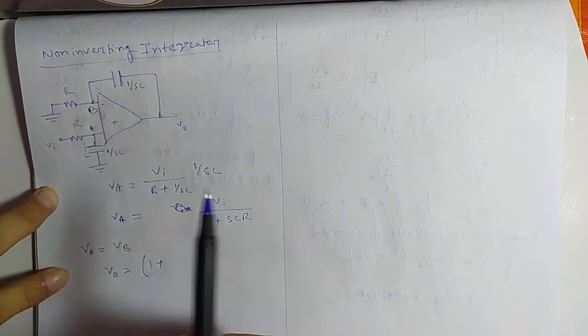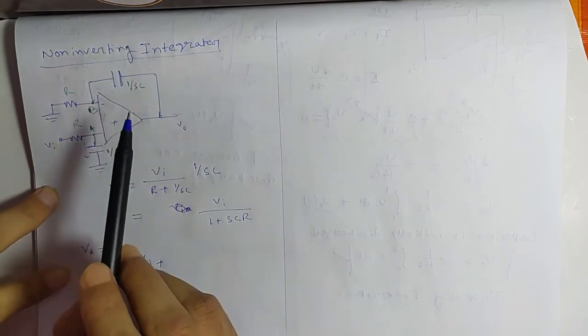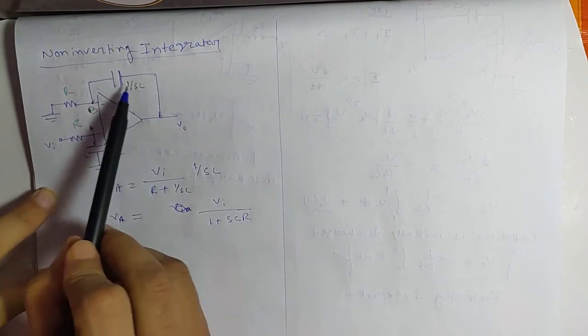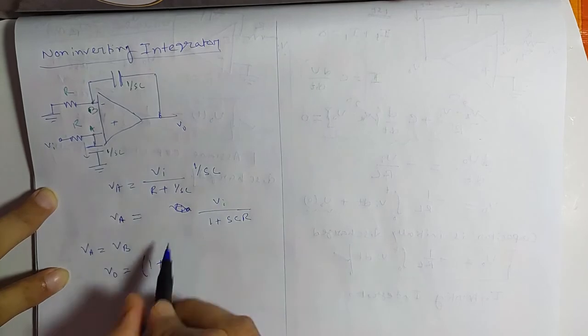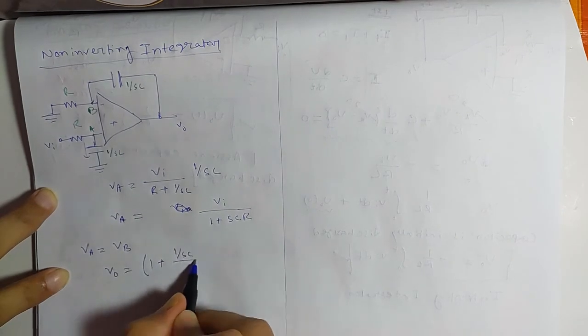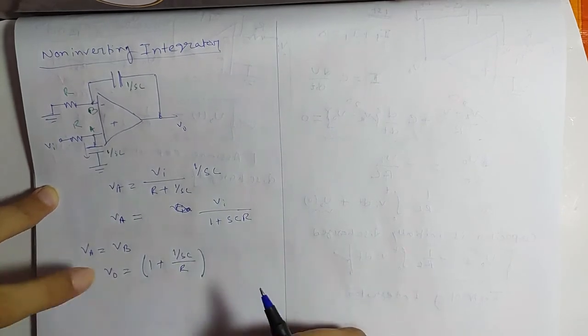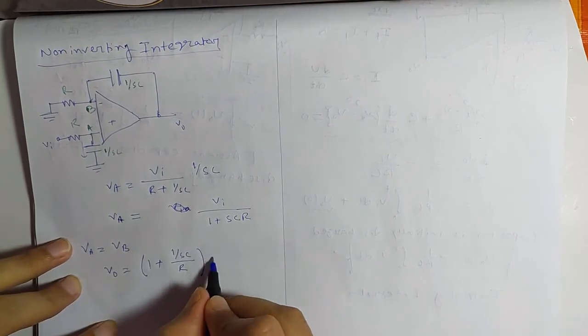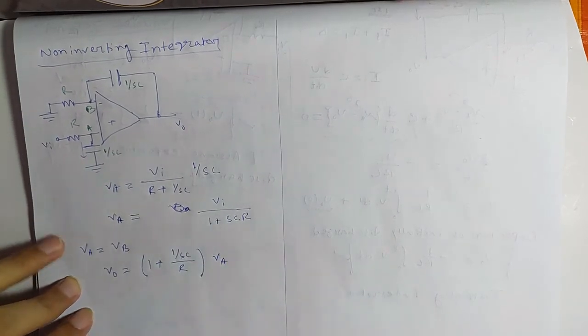So the non-inverting gain was 1 plus RF by R. In this case the gain will be 1 plus this by this, so 1 plus 1 by SCR, into VA.